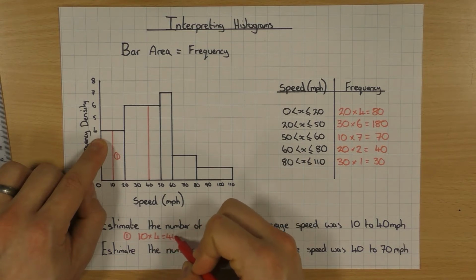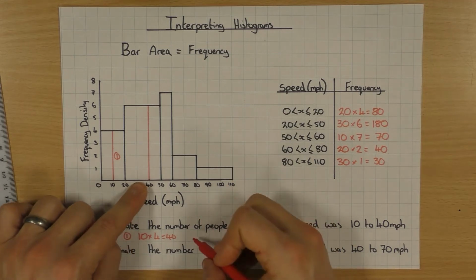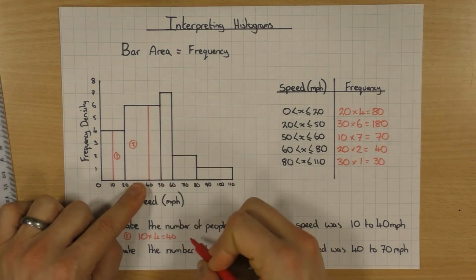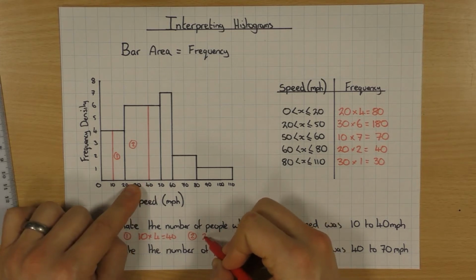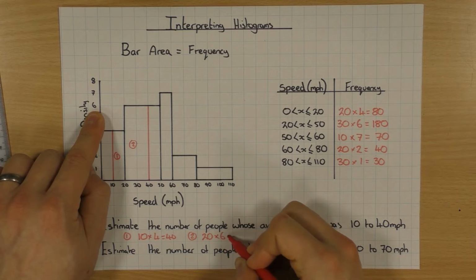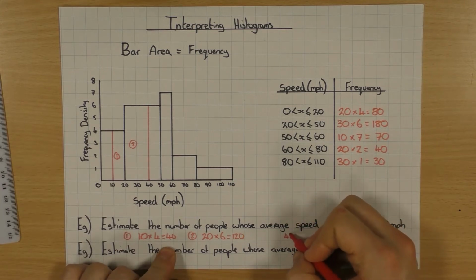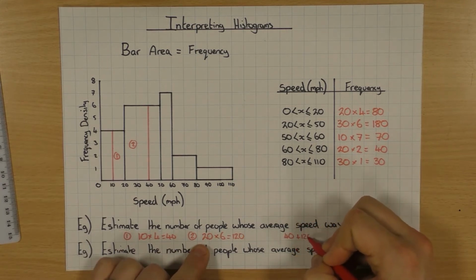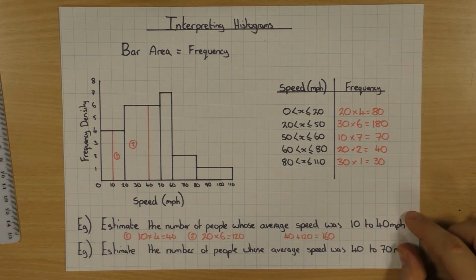So I have 40. And this one here, part number 2, the class width is 20 times by 6, which gives me 120. To answer the question, you just add it together. So 40 plus 120 is 160, which would be your estimate for the people between 10 and 40.